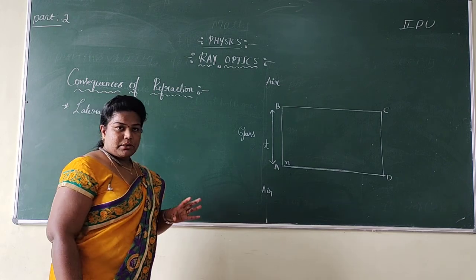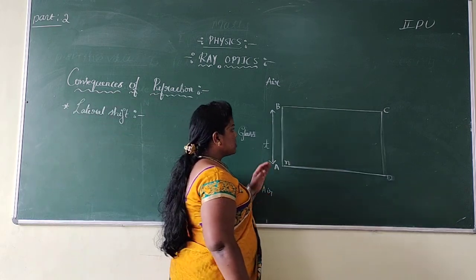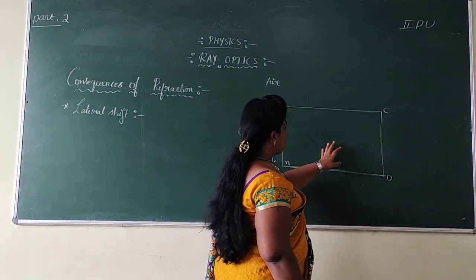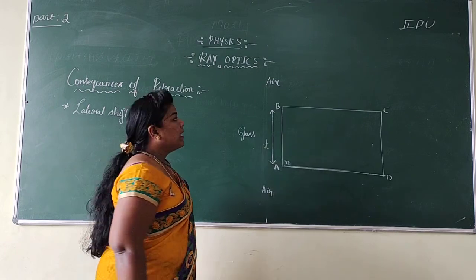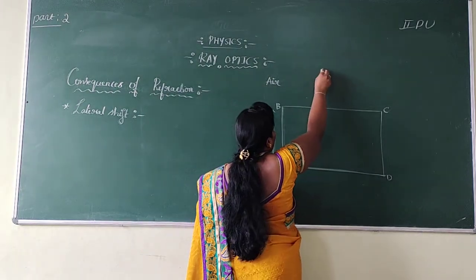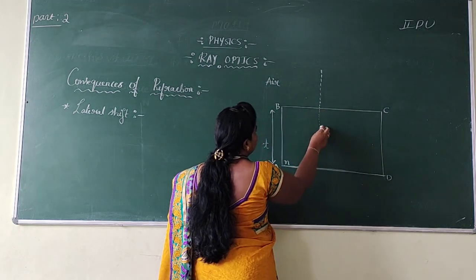I just want to observe the refraction in the case of a parallel sided glass slab. These two sides are parallel, and the other two sides are also parallel to each other. Now let us draw a normal to one of the parallel sides.